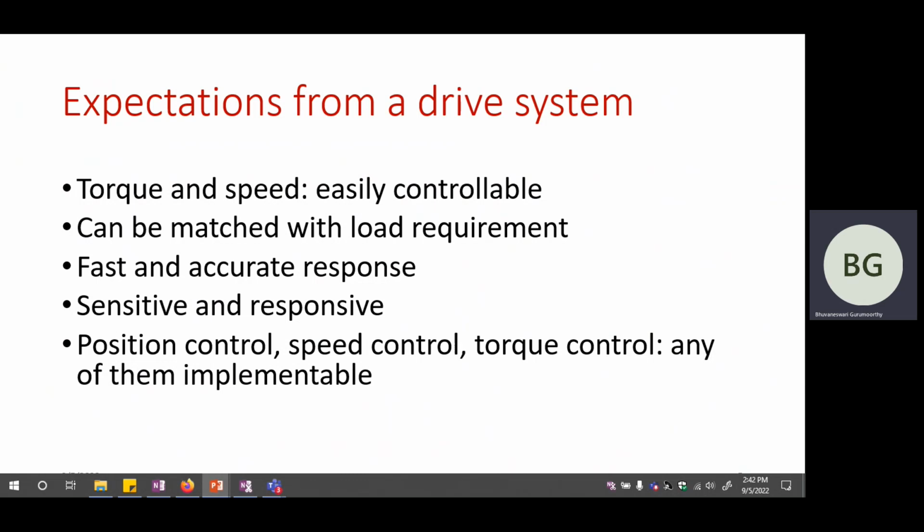So continuously the drive system should be checking for inputs from the driver, it should be sensitive to those inputs, and it should immediately respond to the needs of the driver. The entire interface between the driver and the drive system has to be really sensitive and responsive. Otherwise, it's not going to work well.